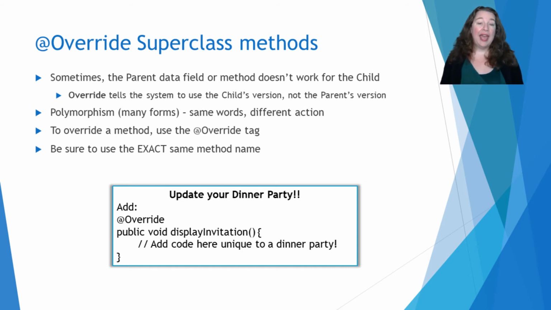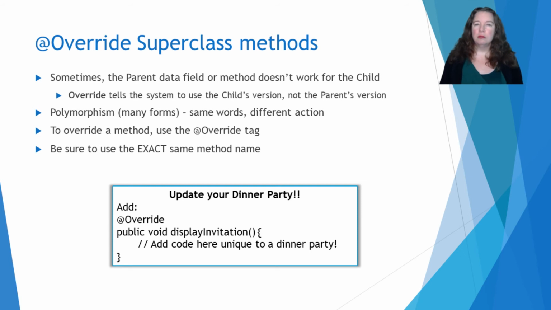Therefore, if you have a party and you want it to be a dinner party, the dinner party methods for display invitation are going to be different than the party invitations because they have been overridden with the child's version. We call this polymorphism, or in the Latin breakdown, poly, many, and morph, forms.